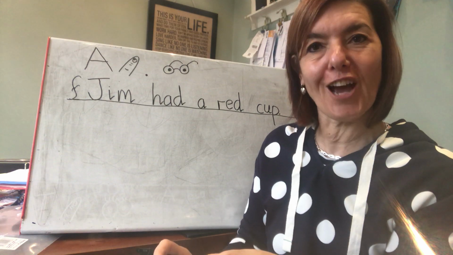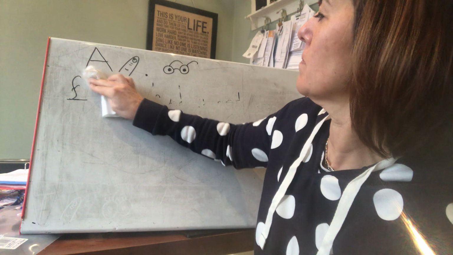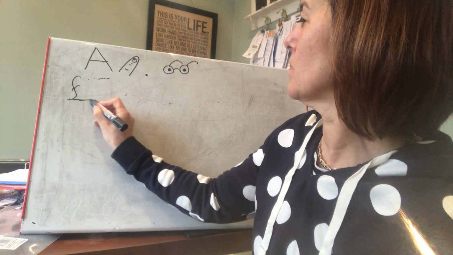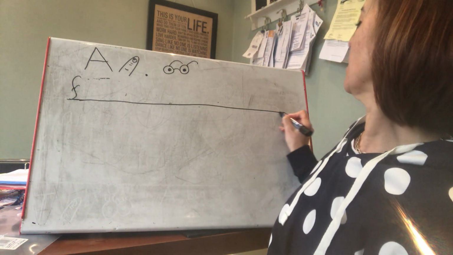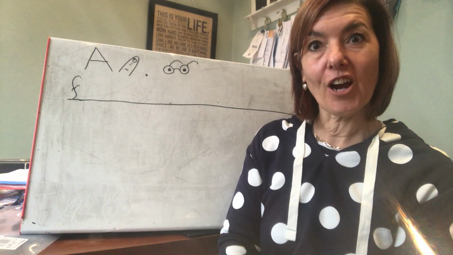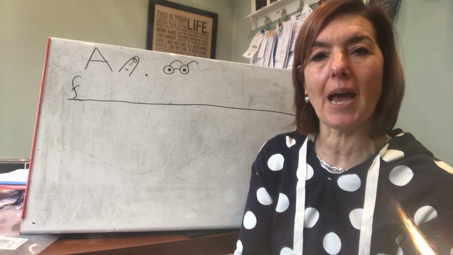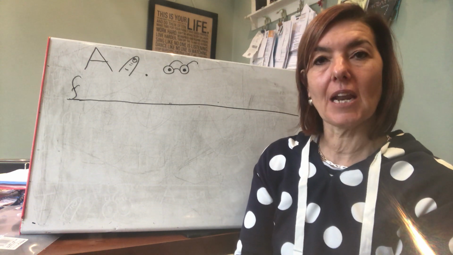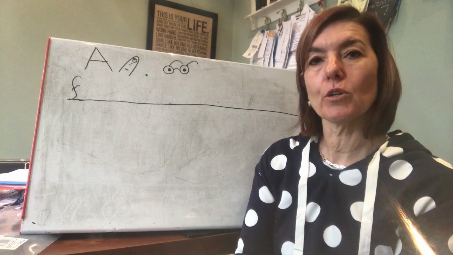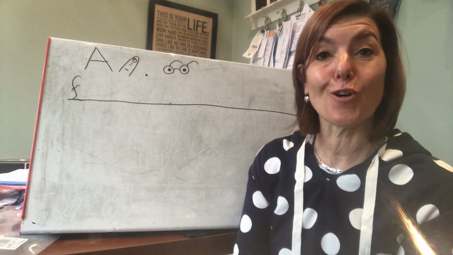Okay, off you go. Right, did you write about Jim? Very well done if you've written about Jim and Tom. Now again, parents and children, if that's the level your child's working at, then you can stop there. If not, and you want to do another sentence, and this one is very long, then carry on watching.